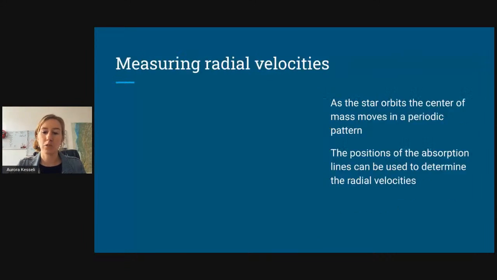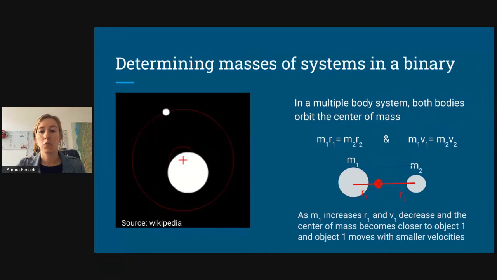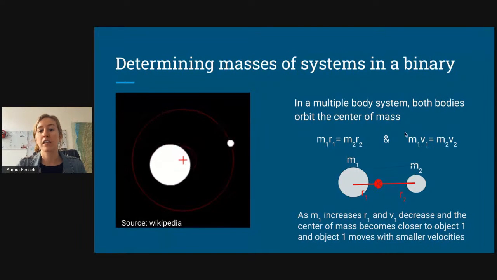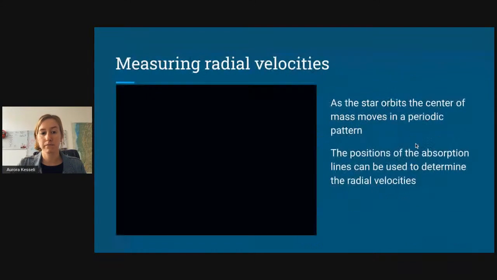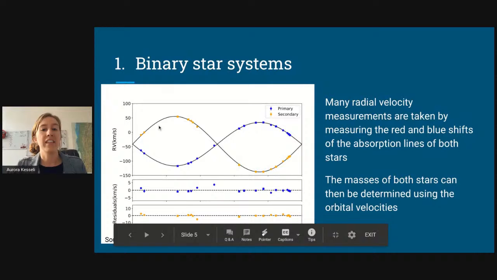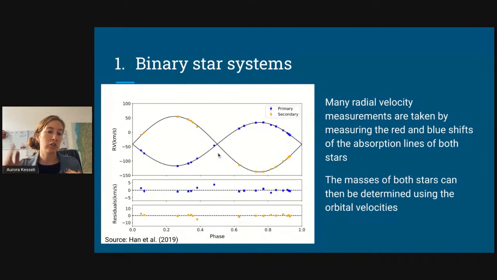And if we go back to our center of mass equation, the star that has the smaller velocity is going to have the larger mass. And then we have our secondary star, which has larger velocity shifts. But these stars probably are pretty similar in mass because the velocities are pretty similar.